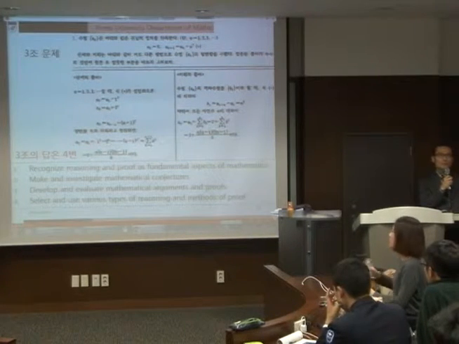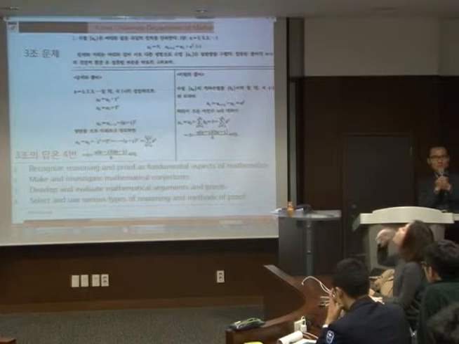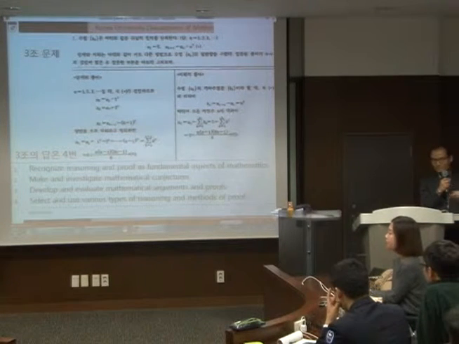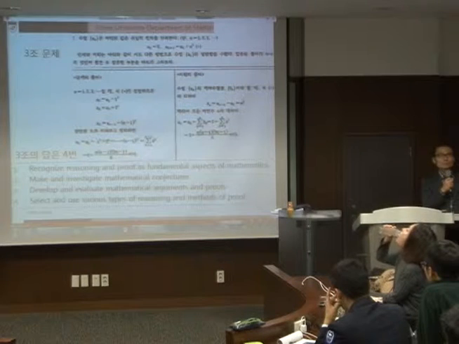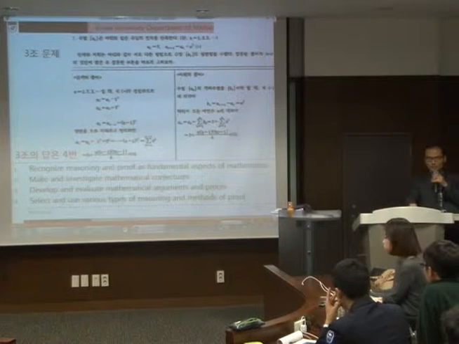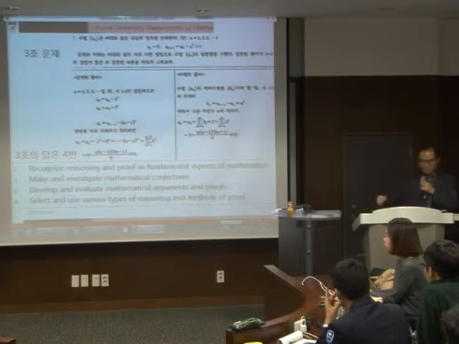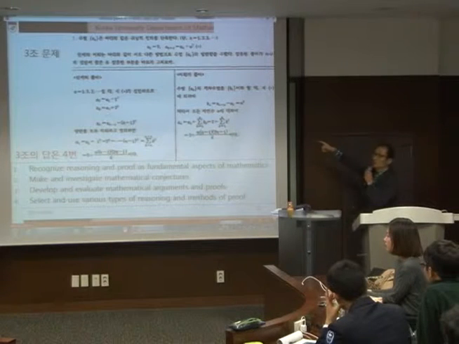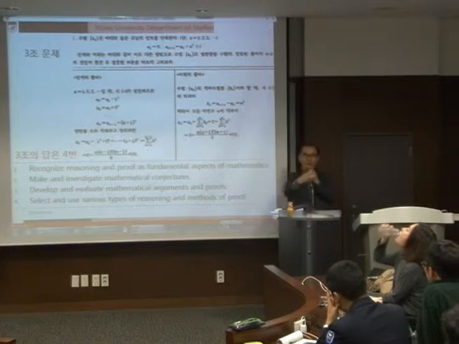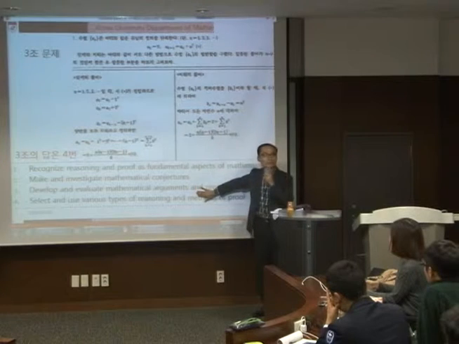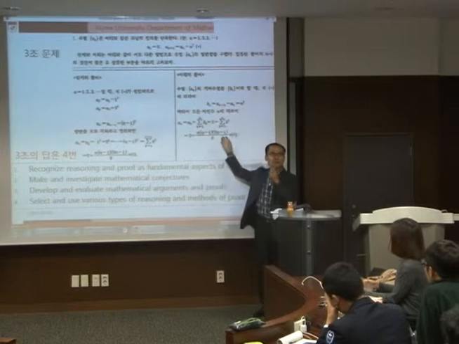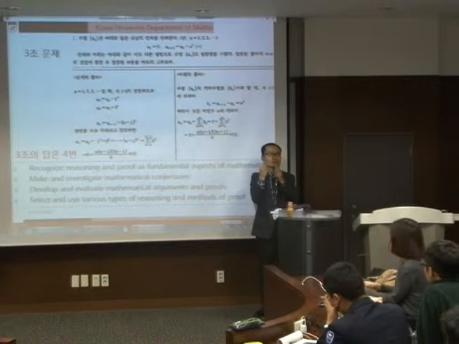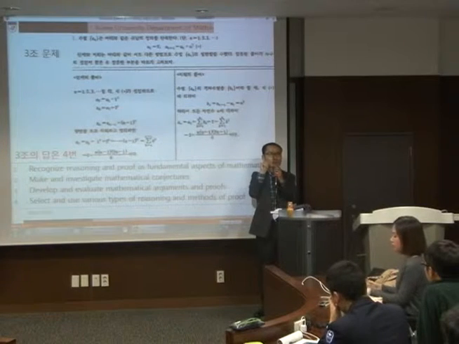Develop means from the beginning to the end, right? You should develop mathematical arguments. One problem in this problem, if you are going to categorize it into the third one, is that they are not supposed to develop. That's going to be one problem.